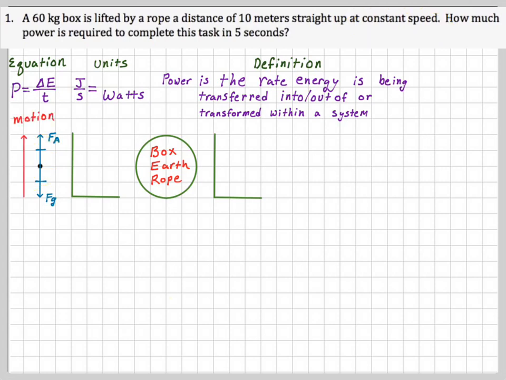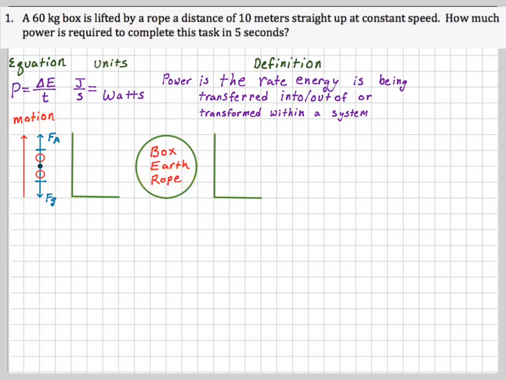So if we try to think about what forces are doing positive work, what forces are doing negative work, and what forces are internal to the system, well, I tried to set my system this time so that all of our energy was going to be transformed or contained within the system, like there was going to be no outside work or forces done on the system. So in this case, both of these forces are internal to the system. Force applied being the rope and force gravity being the box and the earth together.